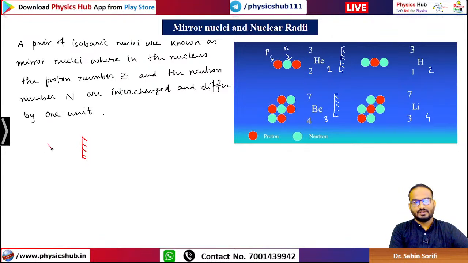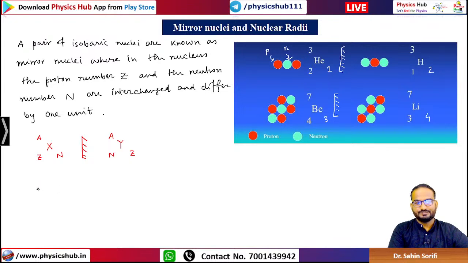If you have a nucleus, let's say X, its atomic number is Z, mass number is A, neutron number is N. If you take a mirror image of it, the mass number is not changing, A, Z becomes N, N becomes Z. You see, the atomic number has been changed. It was Z, now it has become N. So the nucleus is changed. So you cannot write X, we have to write Y.